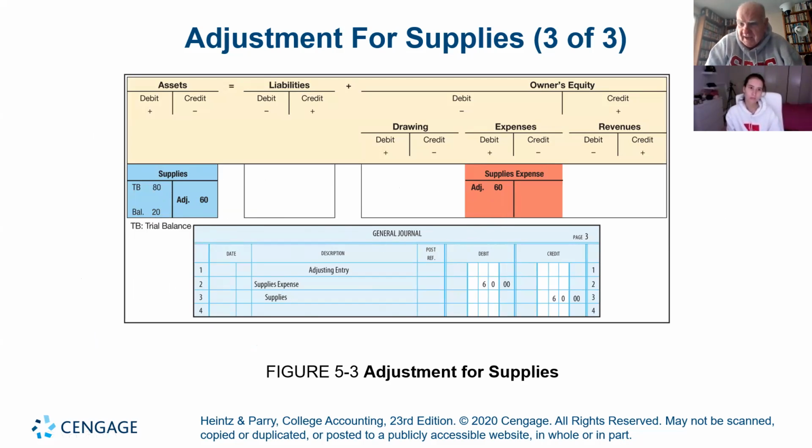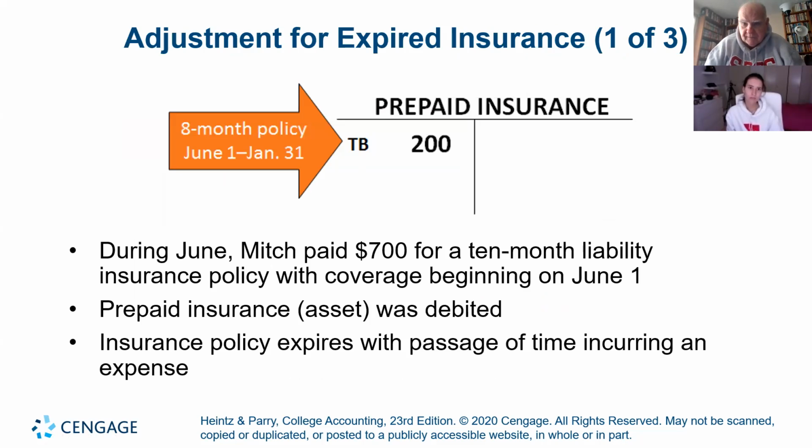And you can see why this is an internal entry. Internal. We're the only ones who know about this. We're not dealing with a customer or a vendor. This is just internal things we need to do for the matching principle.